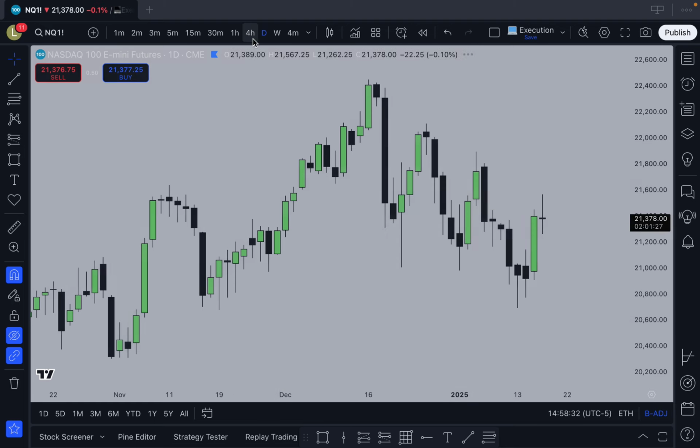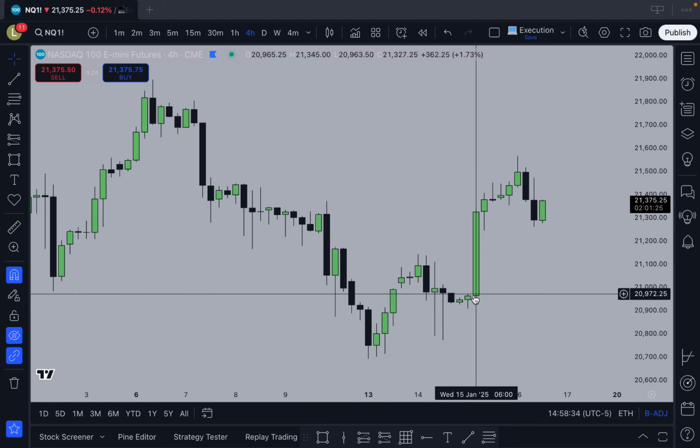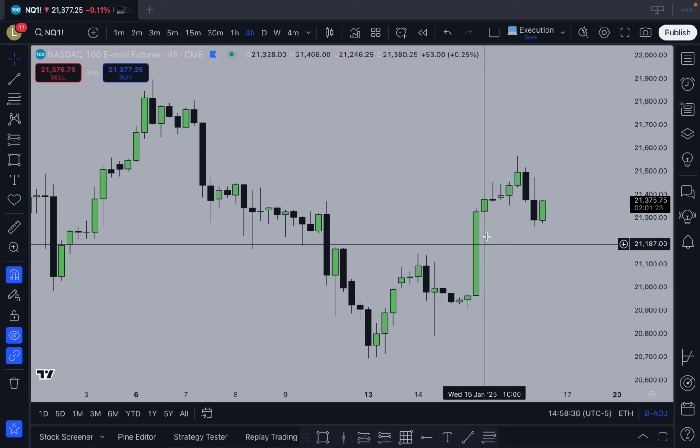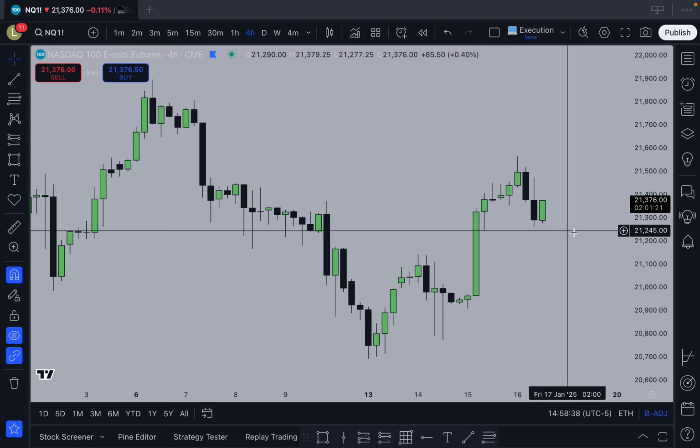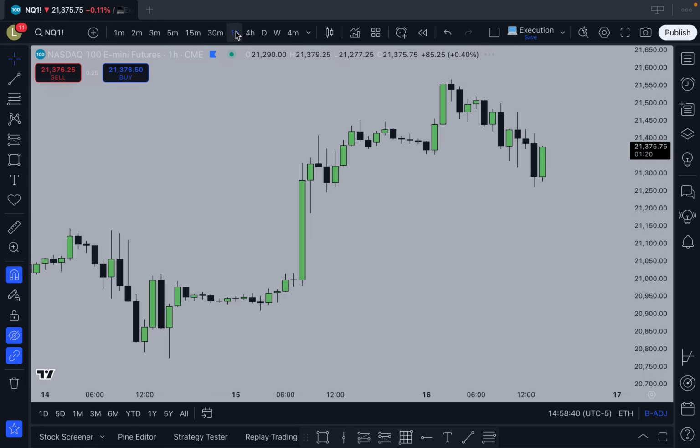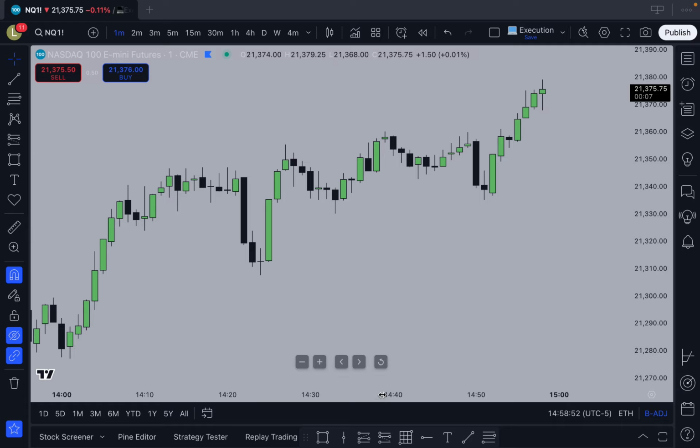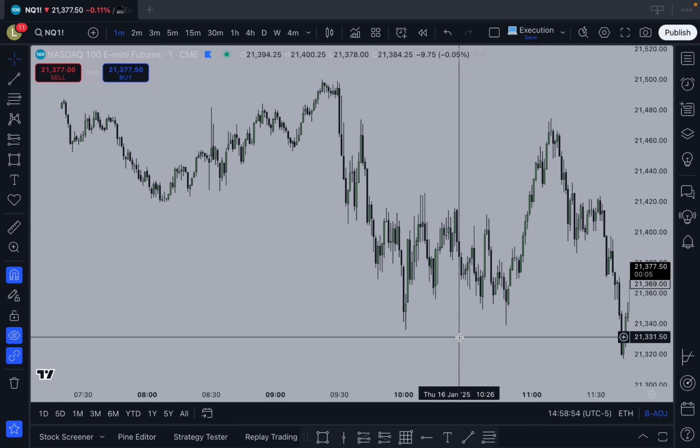So drop down to 4 hourly, we've got this huge bullish fair value gap that we're looking to rebalance. Obviously on the hourly, that would be this one here as well, and obviously this low and these equal lows here. So if we go to the 1 minute time frame, see where we got with NQ.